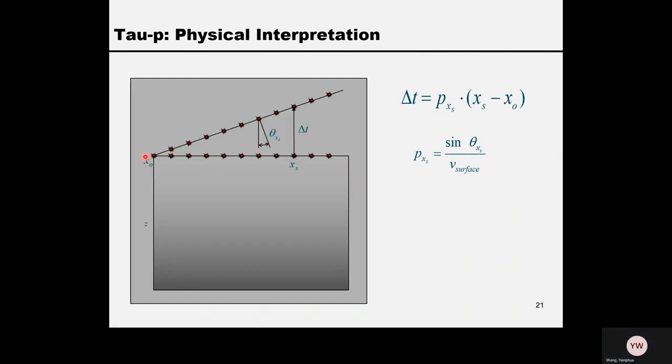If they shoot at the same time, you have a flat wavefront. So this is a plane wave, okay? But if they have a delay time, or effectively they shoot at the same time in the air, but when they travel to this surface at a different time, basically the wave looks like this.